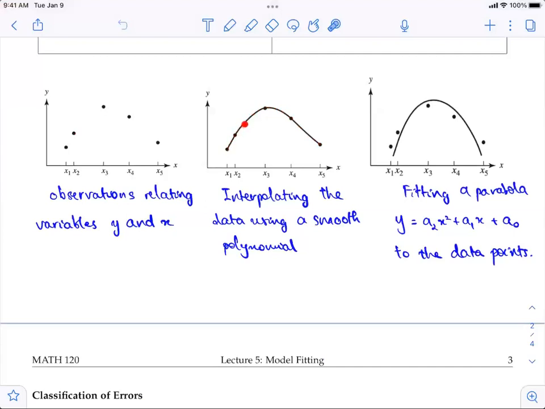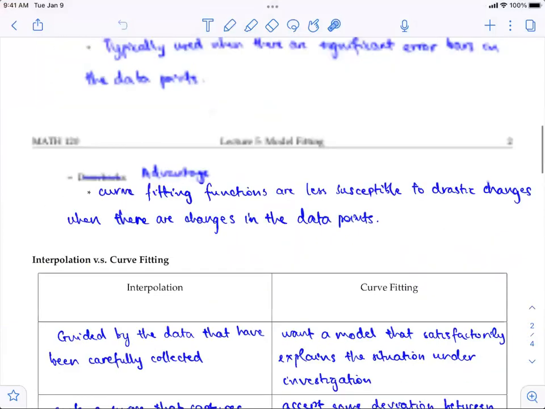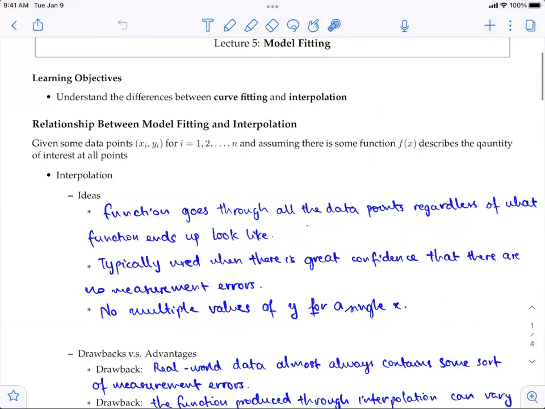It's going to fit all the points in this curve. So that's the idea of interpolation. The function goes through all the data points regardless of what the function ends up looking like, as long as the curve you have goes through all the data points.